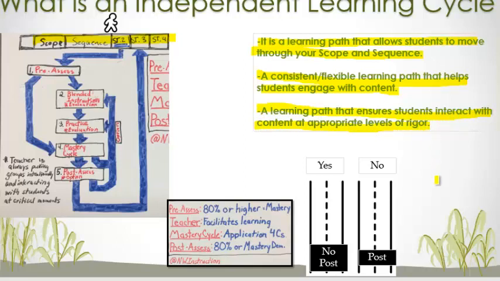So not only does it create different opportunities, but it also has you interacting with students in a way in which you're going to find you have different levels of rigor. Instead of just interacting with students during direct instruction, you're now going to have more time to interact with them during your application phases of that. So let's go ahead and explore here.